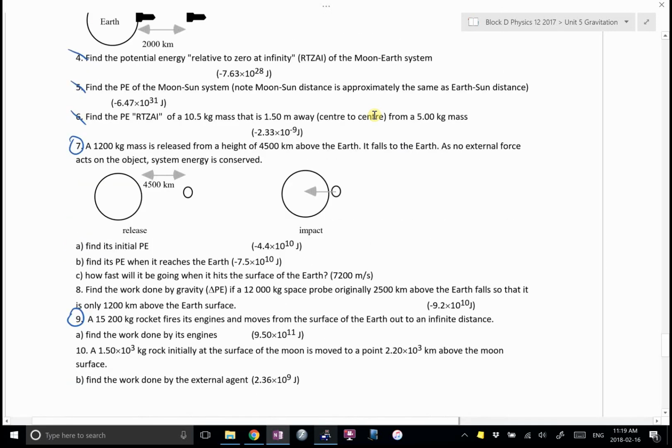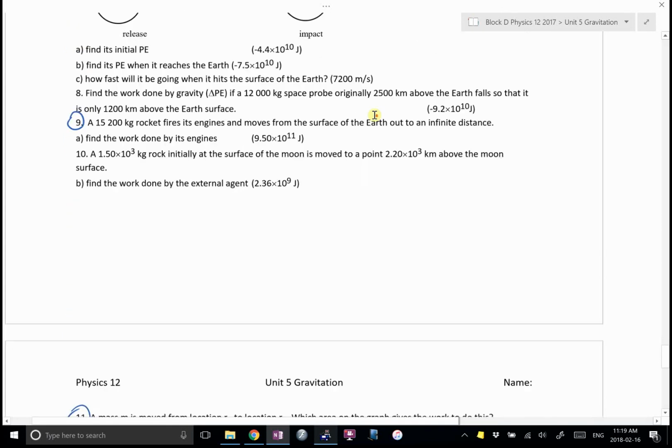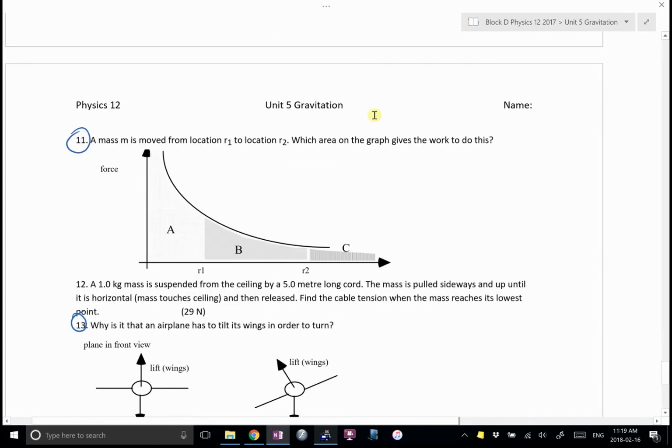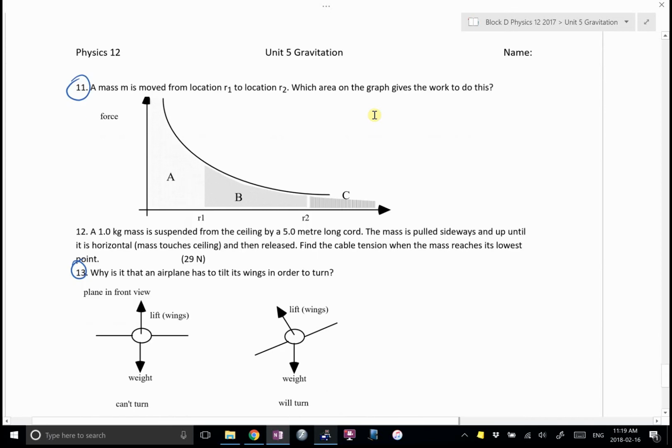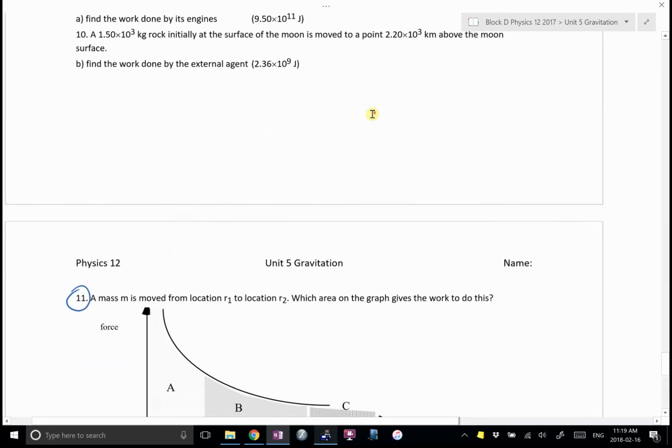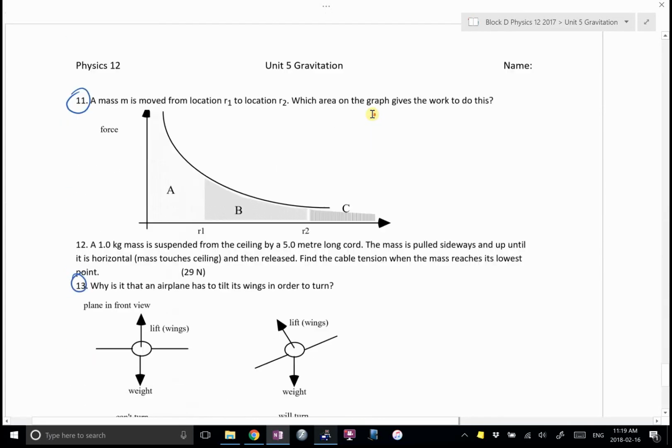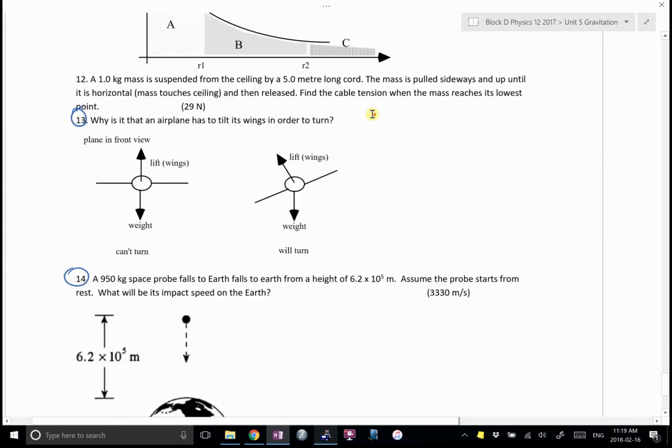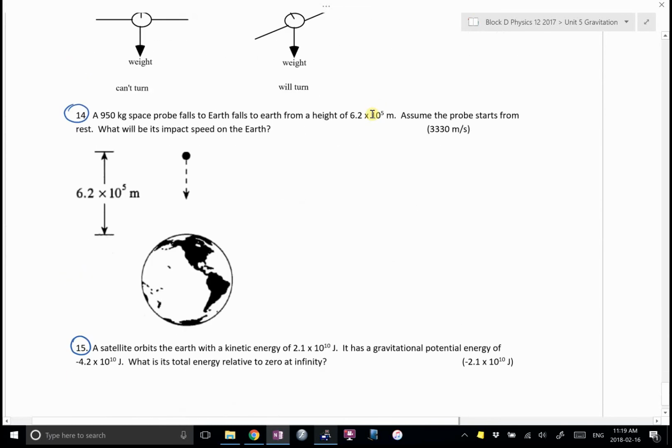Skip 8. 9 is good. 11 is good. 13 is cool. We skipped 12. We skipped 10. 14 is good. 15 is good.